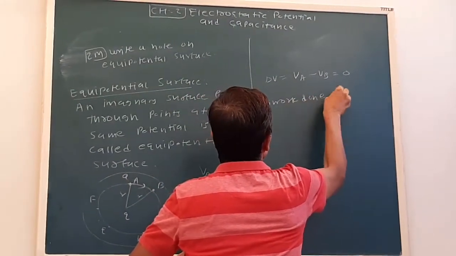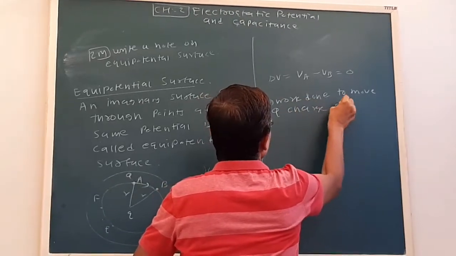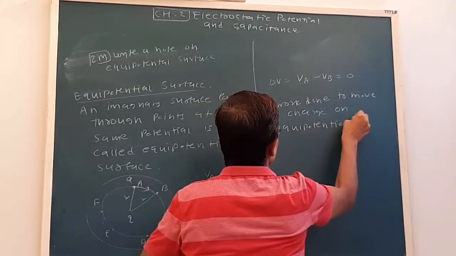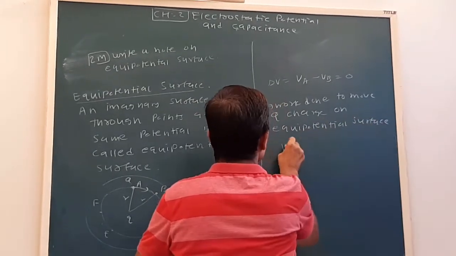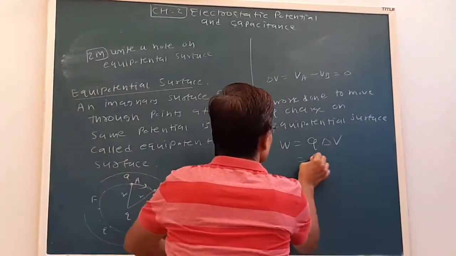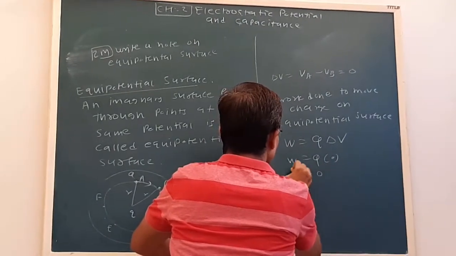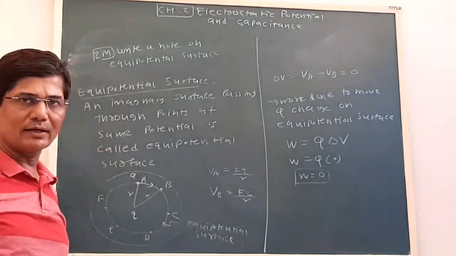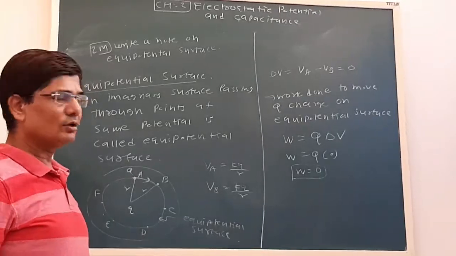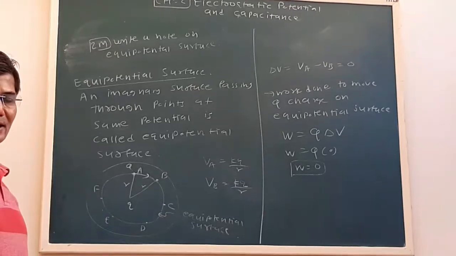Work done to move Q charge on an equipotential surface, W is Q into delta V, but we know delta V is 0. So this is important for the VSQ part, that work done to move a point charge on an equipotential surface is 0.